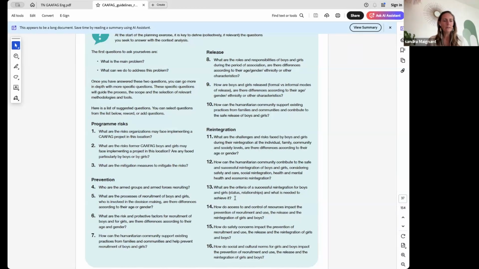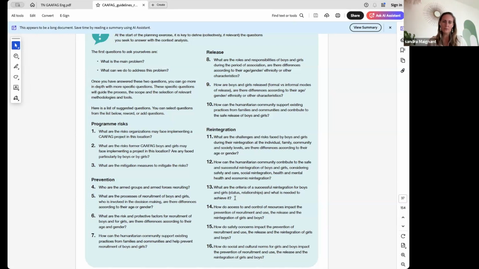And this criteria is basically defined by the children themselves. So this is really the participation of children, who will say, well, for us to be successfully reintegrated means X, Y, and Z. And this criteria can be very different from one country to another, and between boys and girls as well.